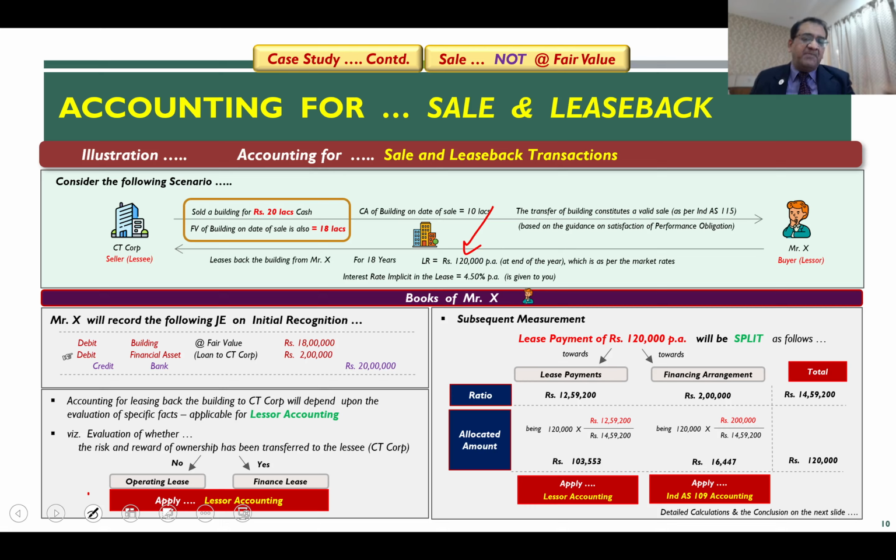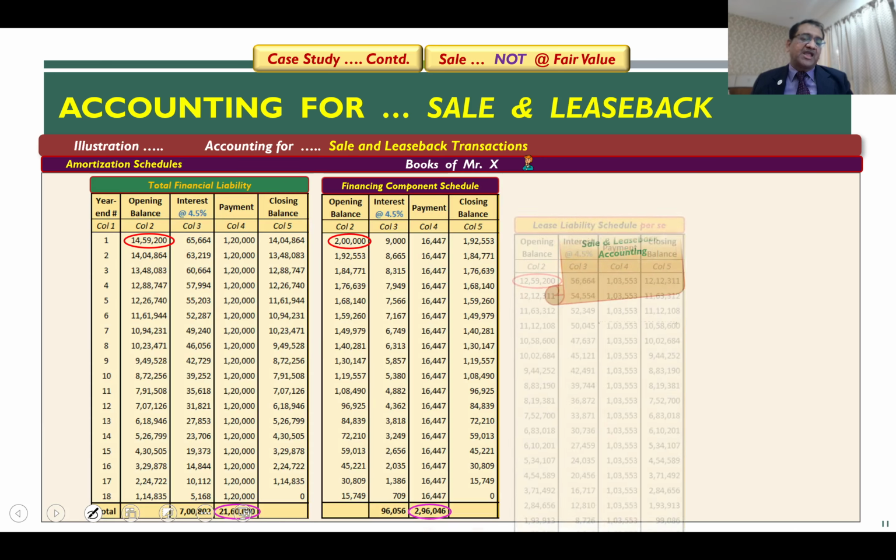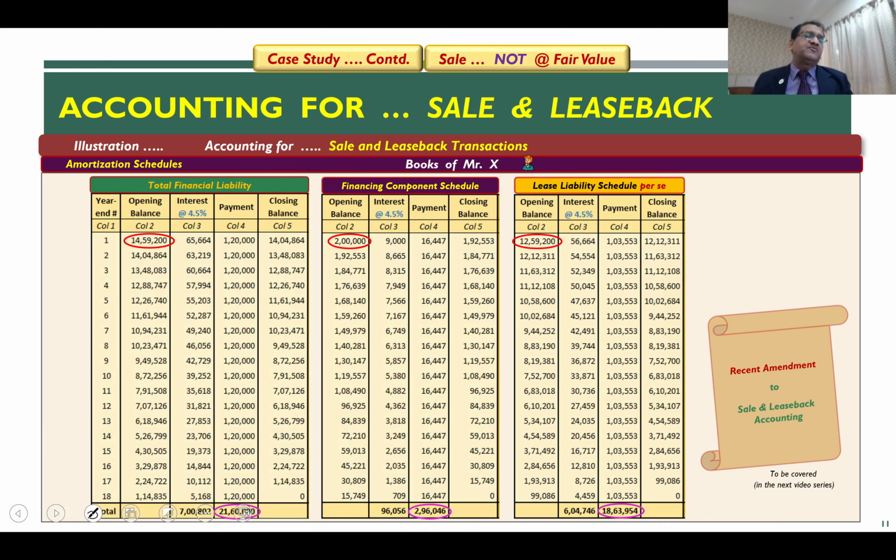Now the amendment has come to clarify what happens if part of the lease rental or the lease payment is variable in nature. If it is not fixed; in both the case studies we saw, it is fixed. But what complications may it create if the lease payments are variable? That amendment explains the accounting for that.